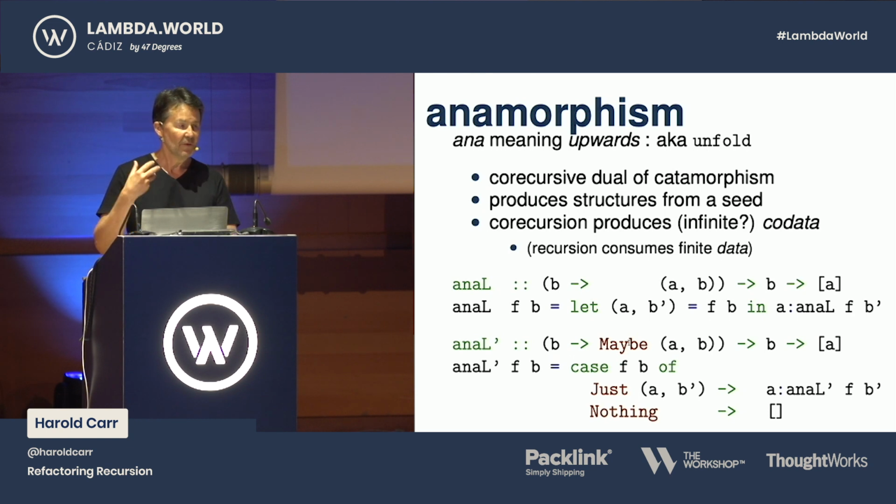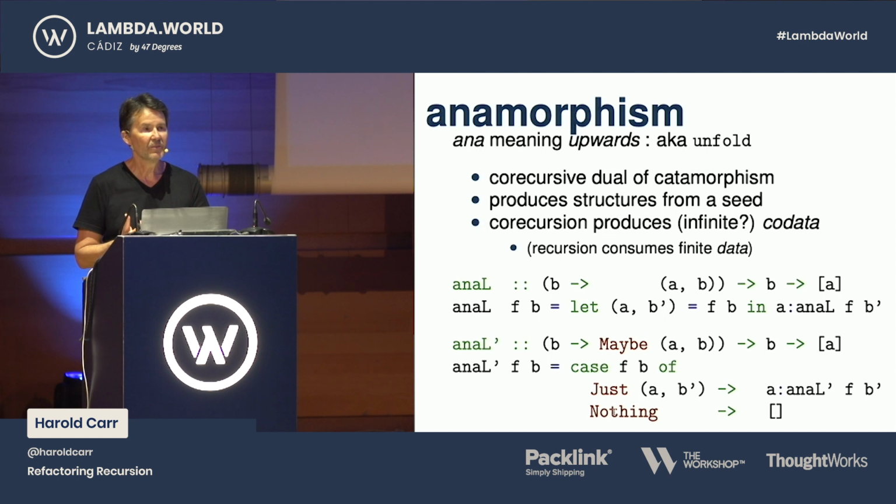That way, if you return Nothing, you're done. So you don't have to rely on Haskell laziness to build just the right thing by somebody else calling and asking for it. But it's the same thing. If you run f of b and it's just a and b, it looks just like running the function up here. But if it returns Nothing, then it's done with the recursive calls.